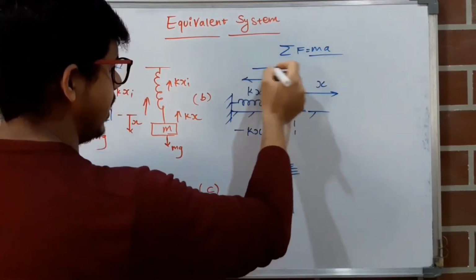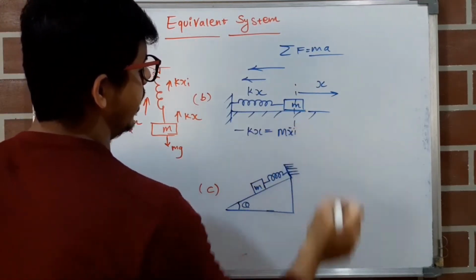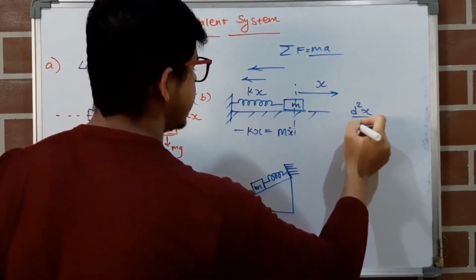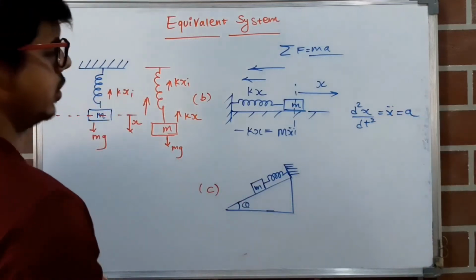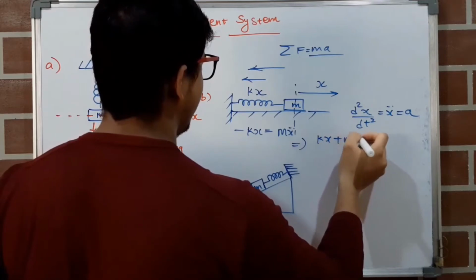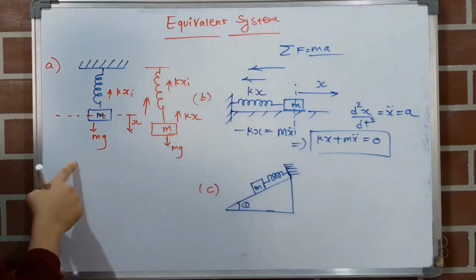So inertia force will come in this direction, so we will write mass into x double dot. x double dot is nothing but acceleration, that is d square x by dt square. So again we are getting the equation, that is kx plus m x double dot equals to 0. Okay, so this equation is same as case 1.